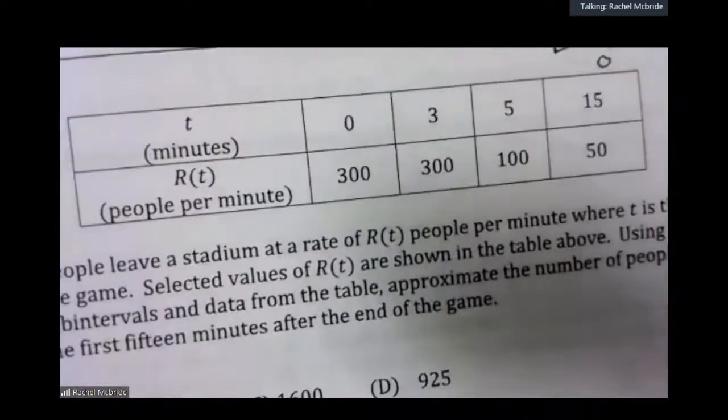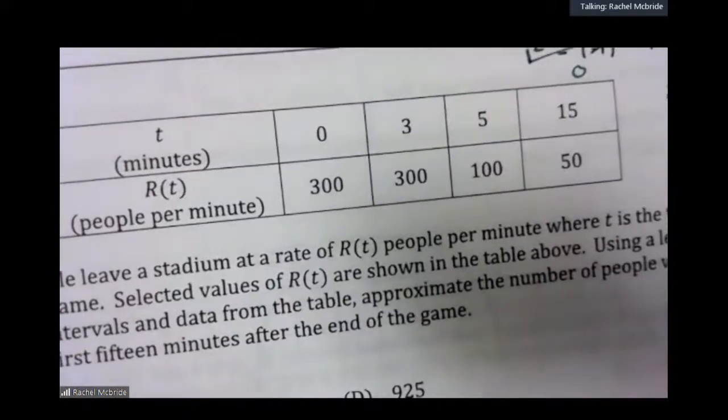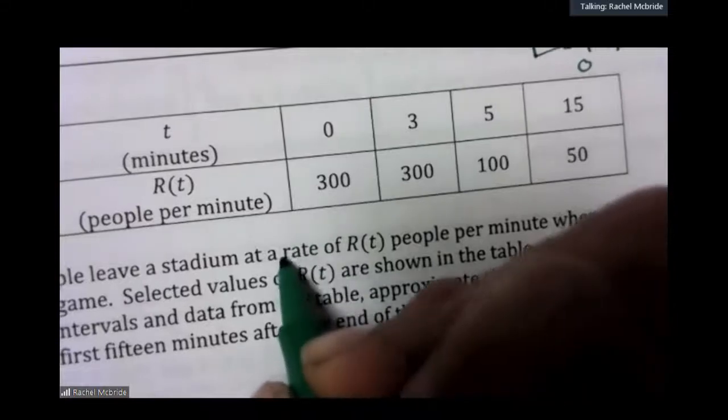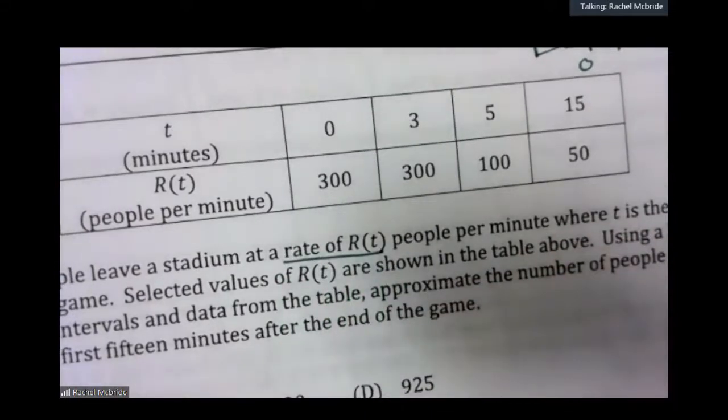Okay. Number 3. After a game, people leave a stadium at a rate. So again, we have a rate. So that means R of t is like a derivative. People per minute where t is measured in time. Selected values of R of t are shown in the table above.